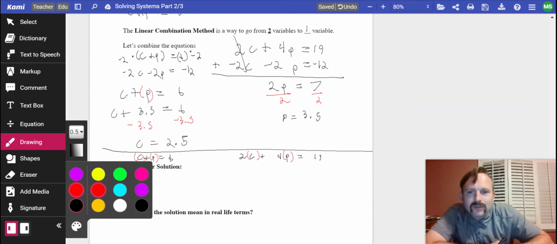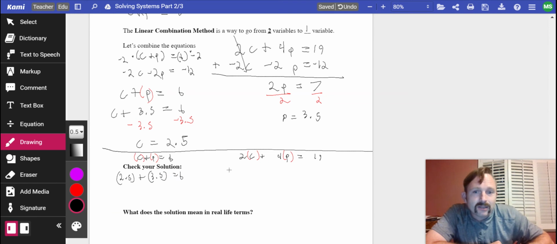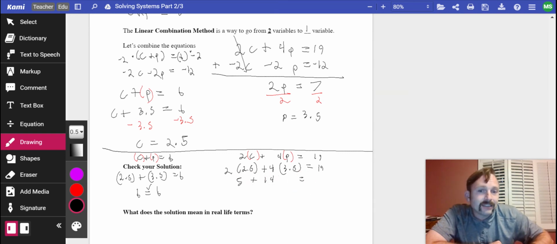So I'm going to input my values for c and p into the equations. 2.5 plus 3.5 equals 6. And then I have 2 times 2.5 plus 4 times 3.5 equals 19. Just going through the work, I'm going to see that 6 is equal to 6. And I'm going to see that 5 plus 14 will equal 19 eventually. 19 equals 19. True. So both of these are true statements.